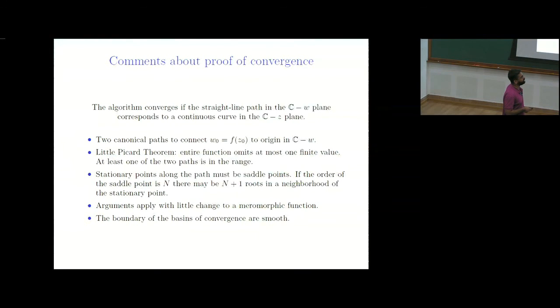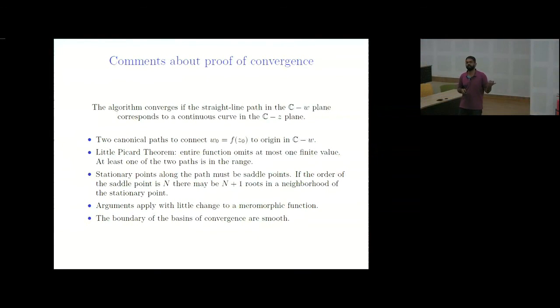The other thing, as I said, is that stationary points are where f prime is 0. Stationary points of my ODE, we know from complex analysis, must actually be saddle points. If the order of the saddle point is n, then there are actually n plus 1 roots in the neighborhood of that point. This comes directly from complex analysis. So you sort of know something more when you actually hit a stationary point.